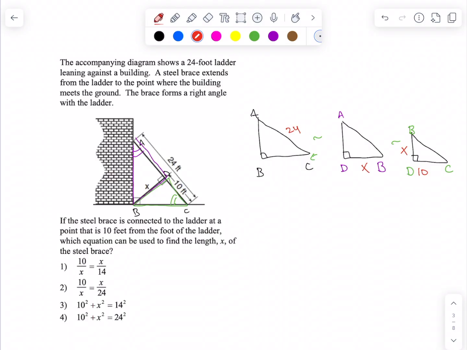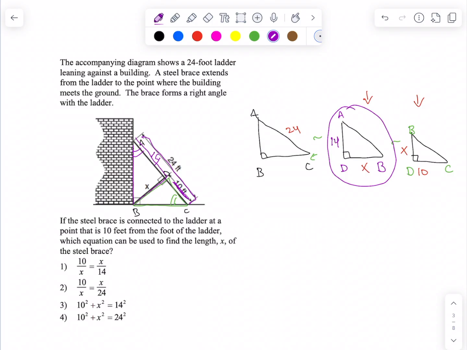So this becomes a problem because we have the X's on these two triangles, but we're missing a measurement on this triangle over here. But we could get AD because we know that the whole thing is 24. This piece is 10. So if we subtract, this is 14. So that's AD, which is 14.